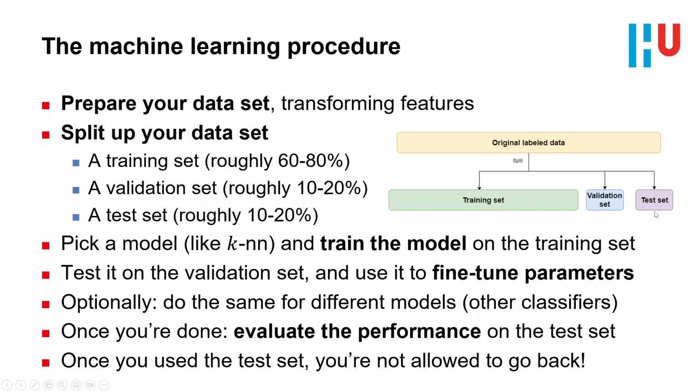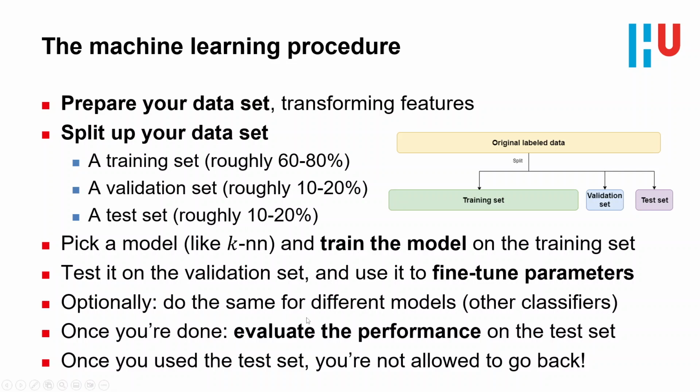Once you've used this test set, then basically you cannot use it anymore. It's gone. The reason why: if you optimize for the test set, you're replacing your validation set with the test set. With this last step, you want to see how well your model generalizes to totally new data points.